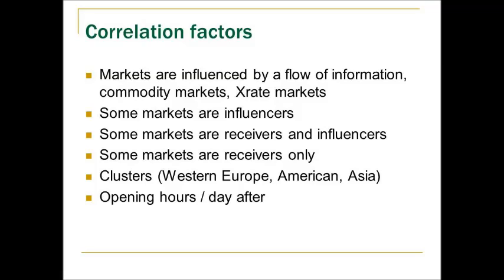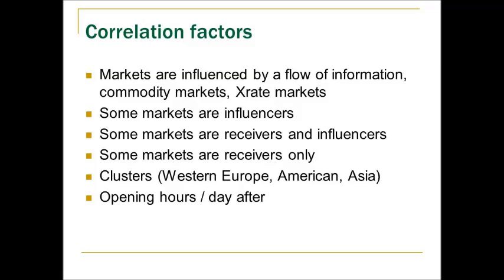And this would be mostly, for example, the French, German, and the UK markets. And then some markets are receivers only. They are at the end of the chain and they don't influence any other market themselves. When you look into these changes, you can identify clusters, and there would be the Western Europe cluster, the American cluster.